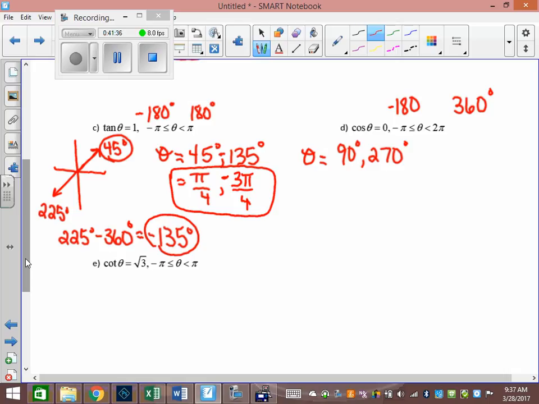Yeah. So we also have that too. So plus or minus 90. So the 90 and the 270 did fit, but I had to keep going, right? Because they gave me a bigger domain. So we're going to get plus or minus pi over 2 and 3 pi over 2.